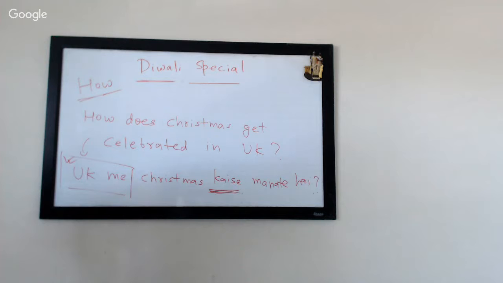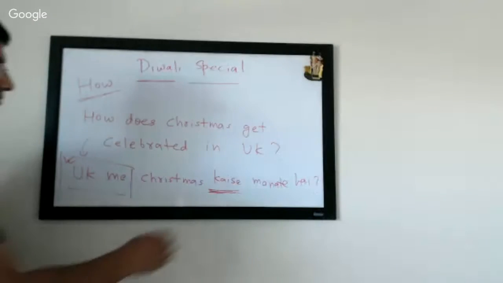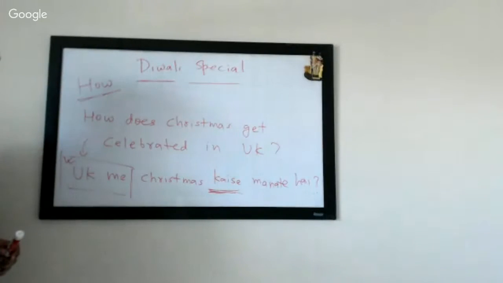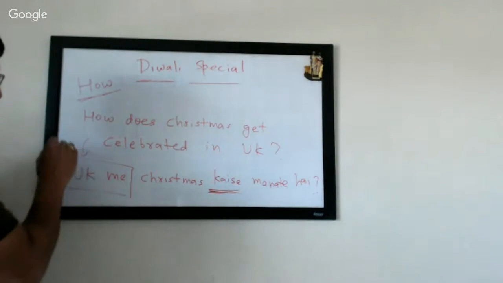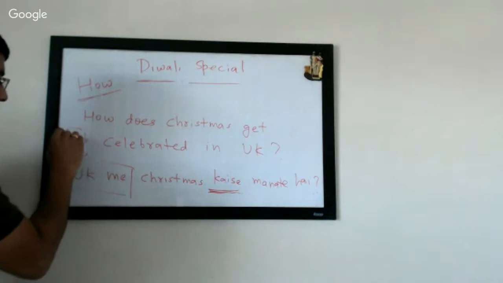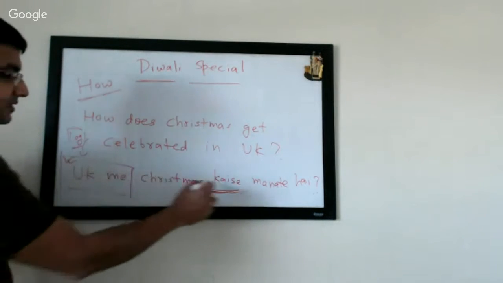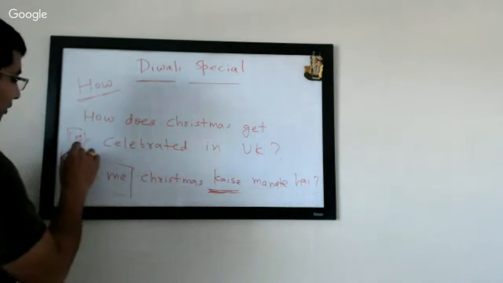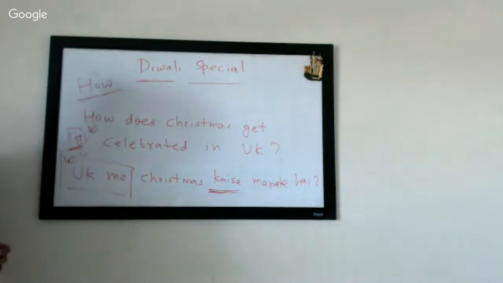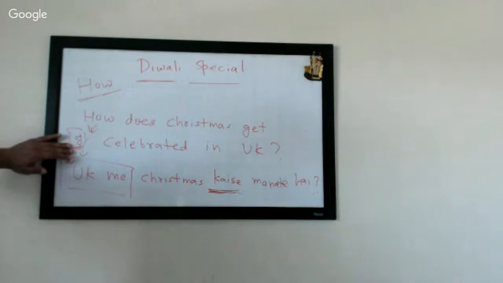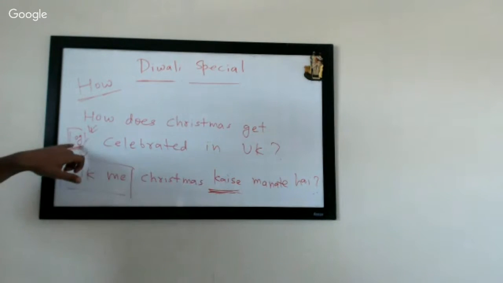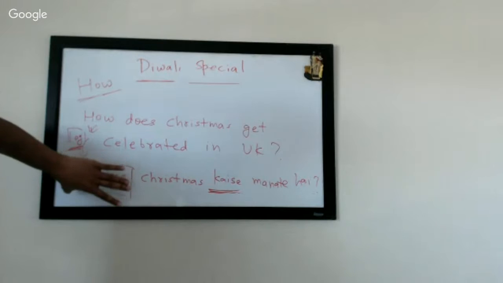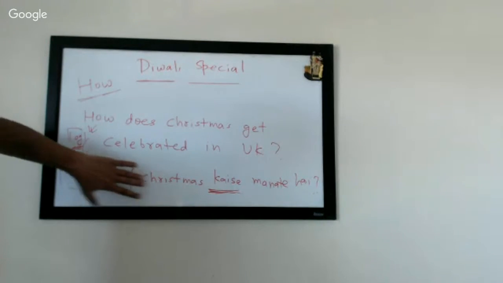Because you're talking about who is celebrating it, maybe it's plural, but I'll look it up. लोग क्रिसमस कैसे मनाते हैं. If you're talking about masculine plural, that's one way to think about it, that कैसे is referring to a group of people, and that's why we are using कैसे.